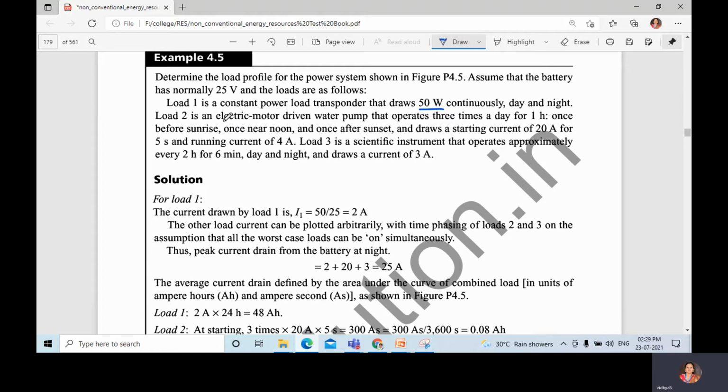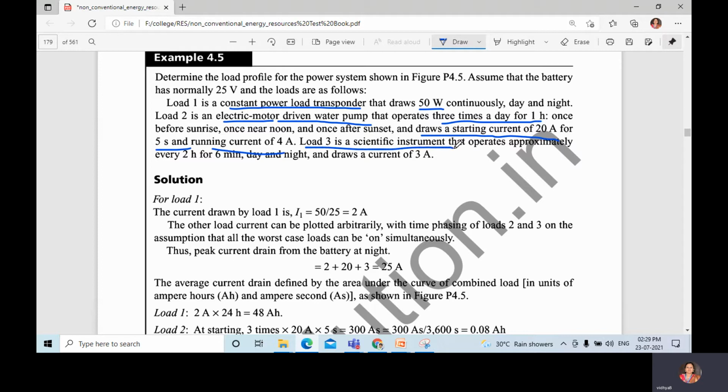Load 2 is an electric motor driven water pump that operates 3 times a day for 1 hour, that is once before sunrise, once near noon and once after sunset, and draws a starting current of 20 amps for 5 seconds and a running current of 4 amps.